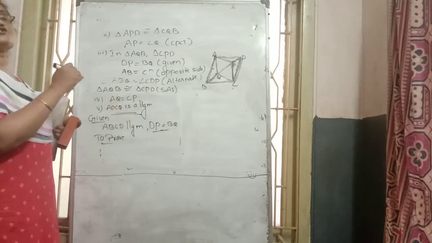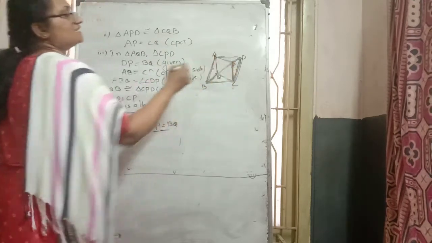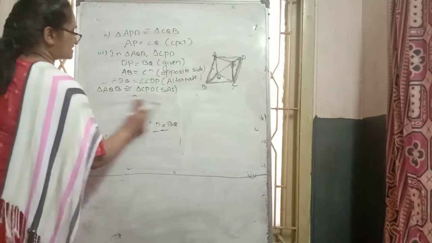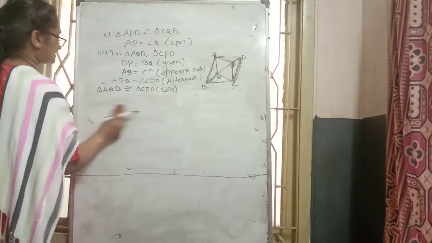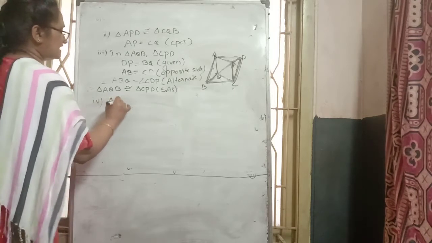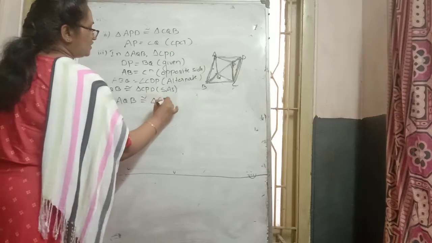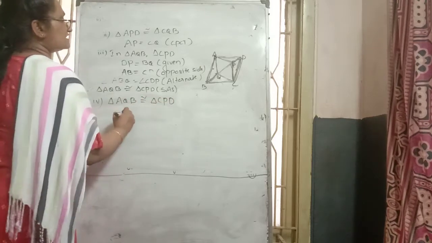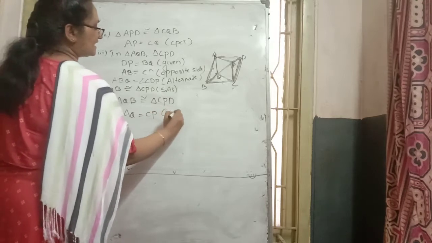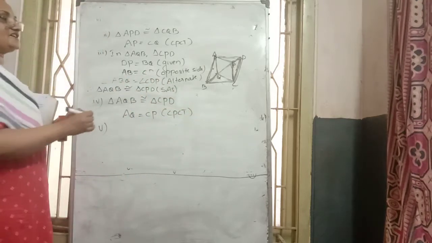Already we proved that the two triangles are congruent, so AQ and CP are equal by CPCT. Why? Because we already proved triangle AQB is congruent to triangle CPD. That's why we can say the AQ side and CP side are equal by CPCT. Four cases completed.